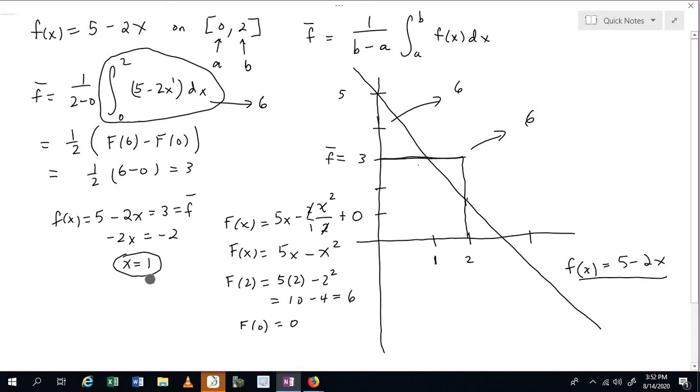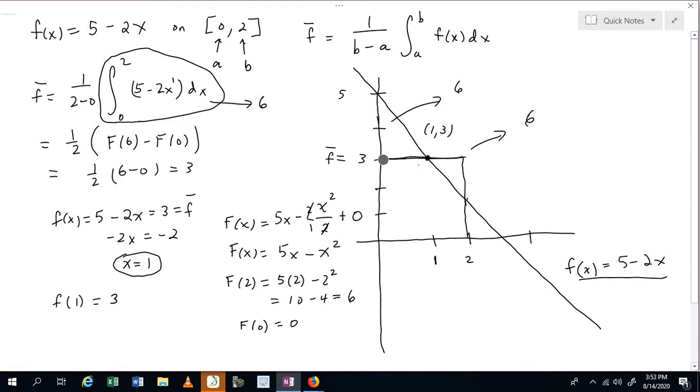Now let's see if this makes sense. Let's just check it. What's f of 1? Well, f of 1 is equal to 3, and that's this ordered pair on this line right here, there's a bunch of ordered pairs. When x happens to be 1, the y value at that point is 3. So that's a point on the line, (1, 3).